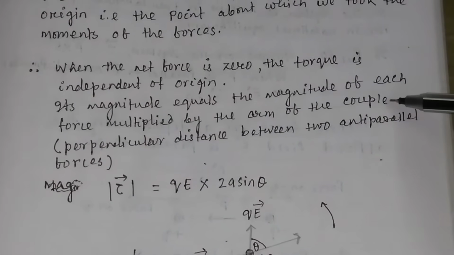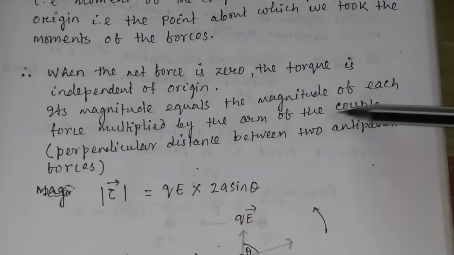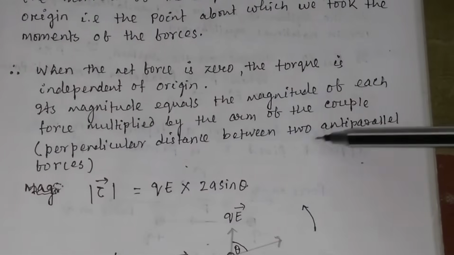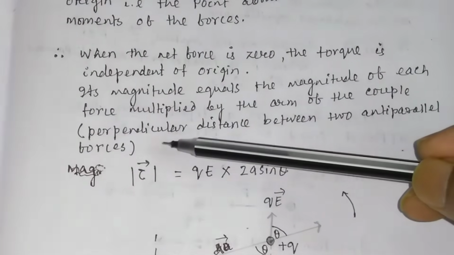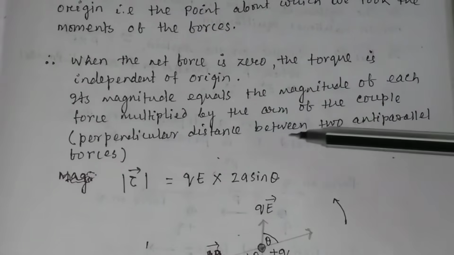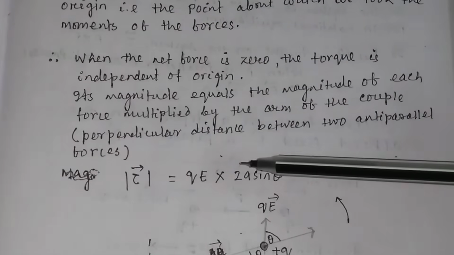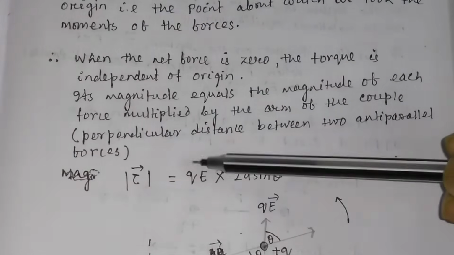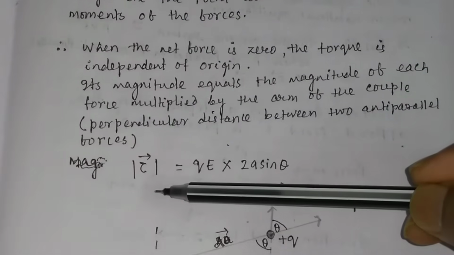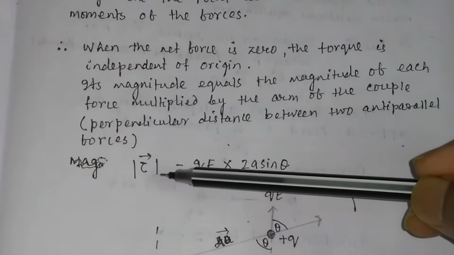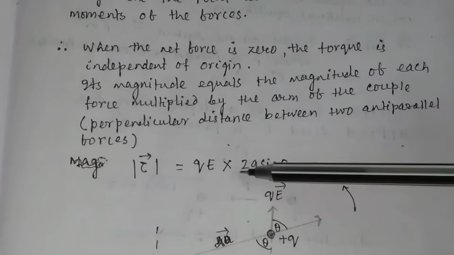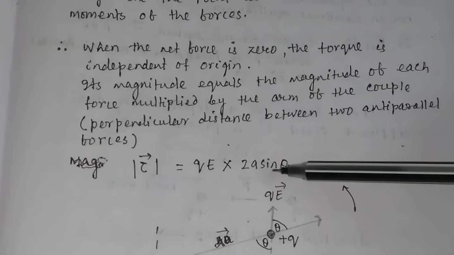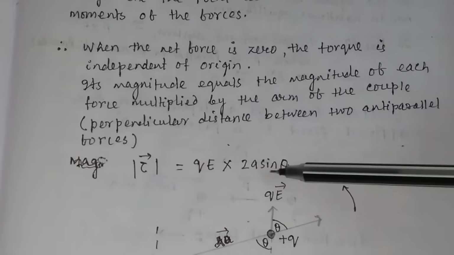The arm of the couple is nothing but the perpendicular distance between the two anti-parallel forces. So the magnitude of the torque, magnitude of tau, will be equal to either force into the perpendicular distance between the two anti-parallel forces, which will be 2A sin theta.